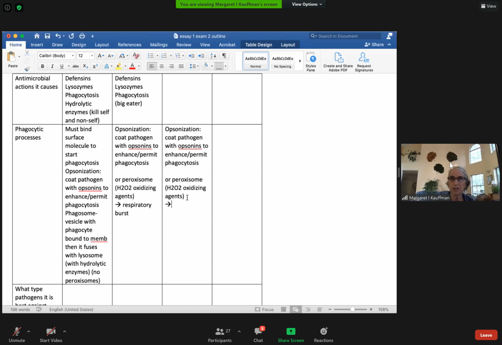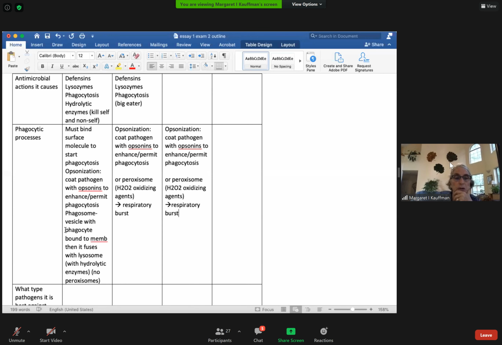Lysozyme in particular digests the peptidoglycans. So it is a specific enzyme, not a whole bag of different enzymes, but their names are so similar that I see students year after year confusing those two terms. So please keep those straight.